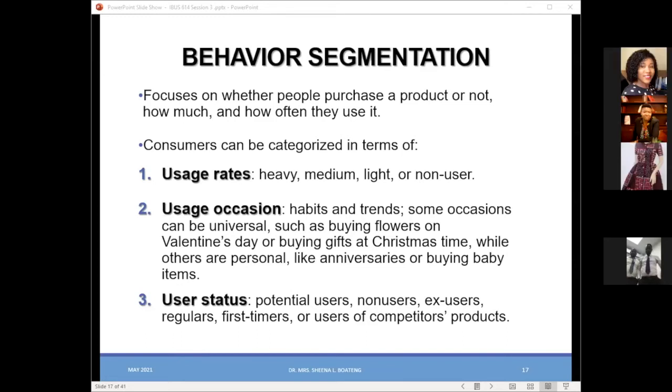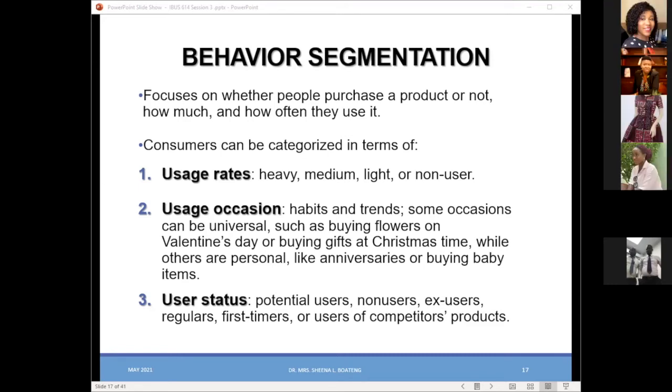Elizabeth, please come in. Yes, Doc. So this behavior is talking about the behavior towards the product or the service, and not the individual's behavior? No. That would fall under the demographic. Oh, sorry, that would fall under the psychographic. Good, yes. Okay, thank you. You're welcome, Elizabeth.